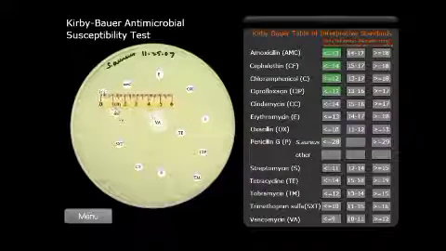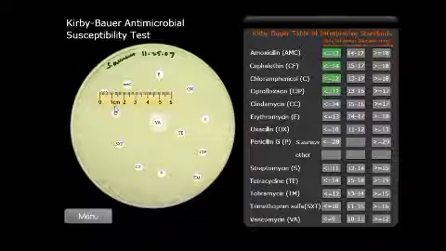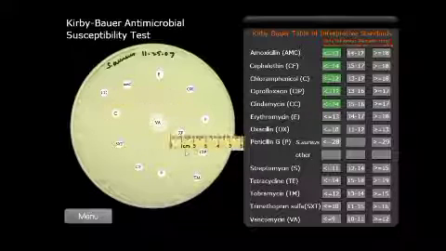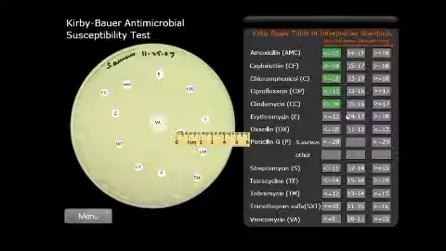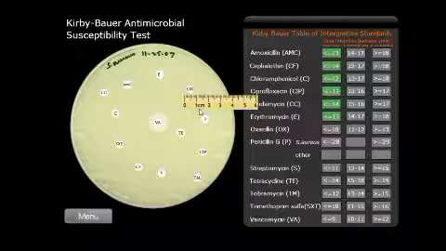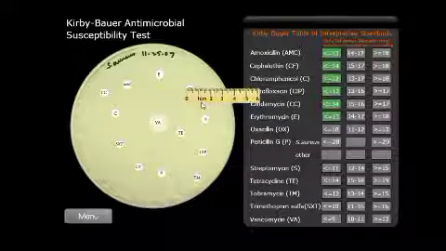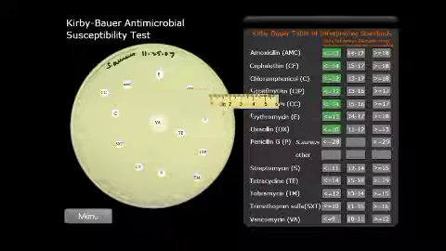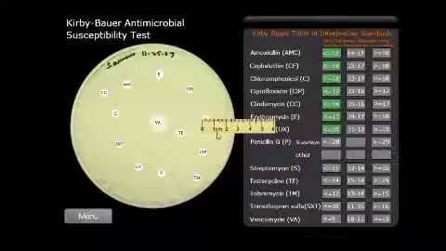CC, 6, which is resistant. E, 7, which is resistant. OX, 6, which is resistant. P, 6, which is resistant.